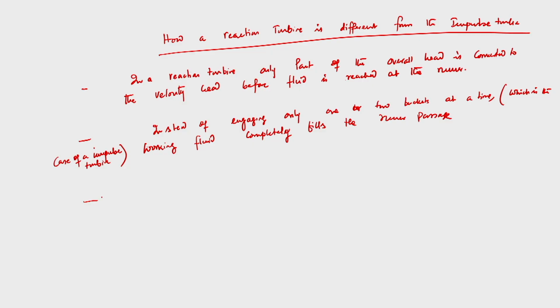So this is another important difference, since the entire runner is engaged for this energy conversion in a reaction turbine, while only 1 or 2 buckets are involved in an impulse turbine.